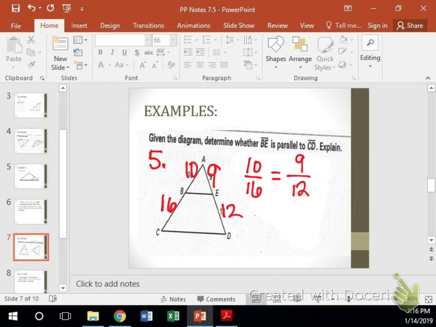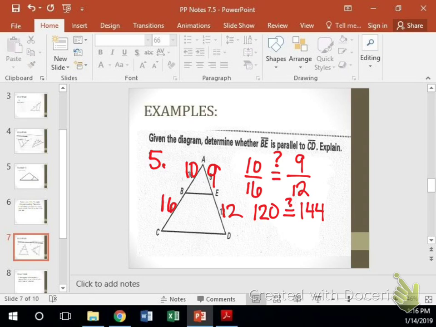So if we are wondering if these are proportional to each other or not, we can find the cross products, so we can still cross multiply and see if we get a true statement or not. Now when we cross multiply these, 10 times 12, what do we get? 120. And then we take 16 times 9, what do we get? 144.